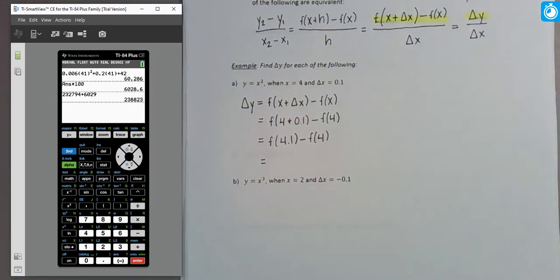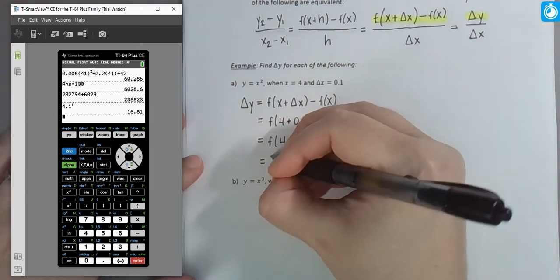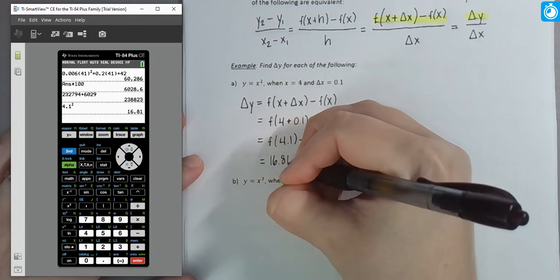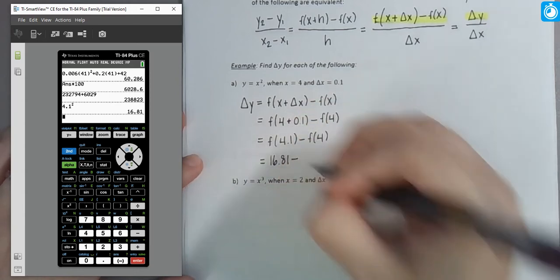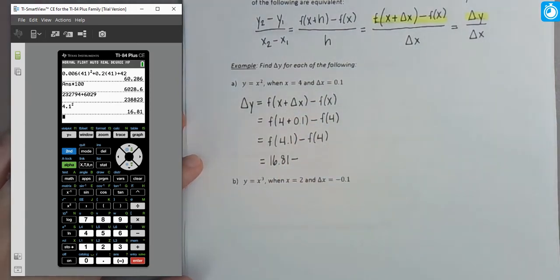So f of 4.1 is going to be 4.1 squared, so 16.81, minus f of 4, which is going to be 4 squared, which is just 16.